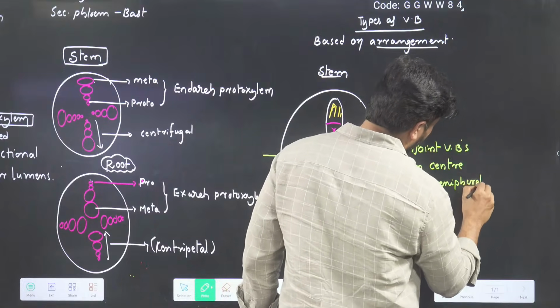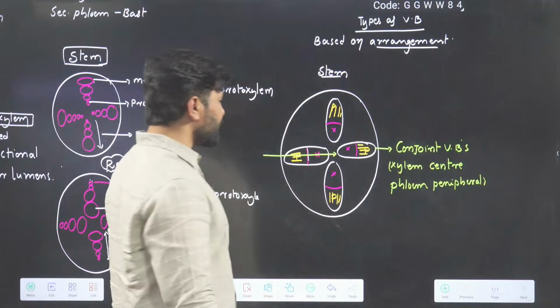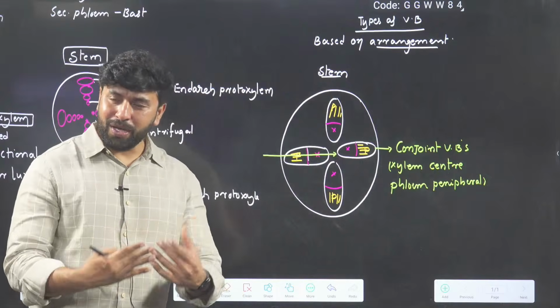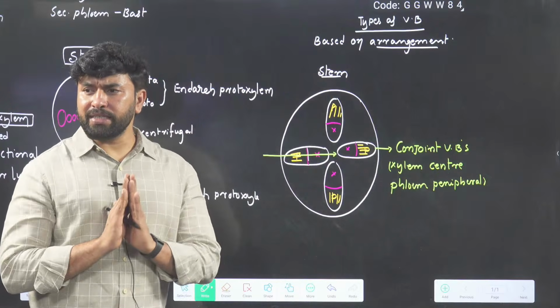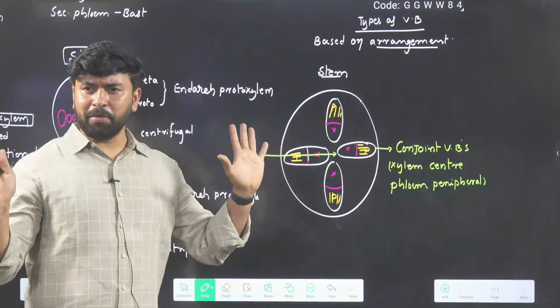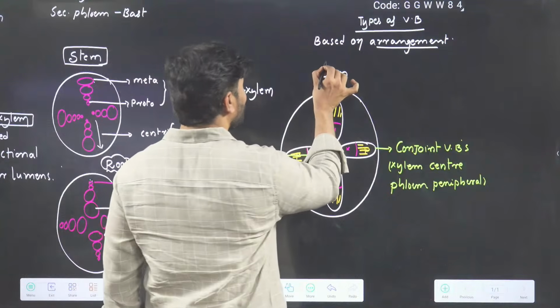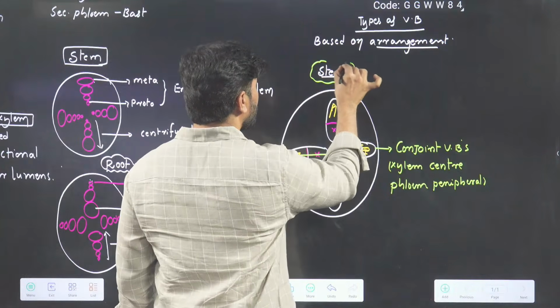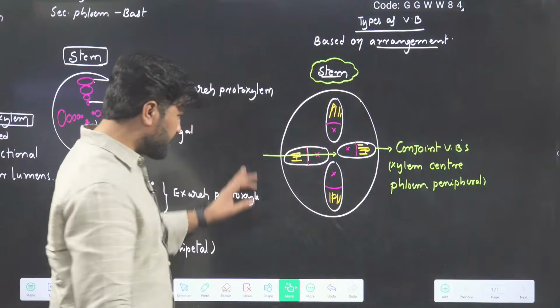This arrangement is known as conjoint vascular bundle. Wherever you see a stem, whether monocot or dicot, it will have conjoint vascular bundles.